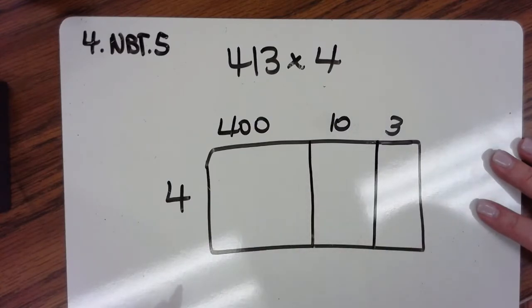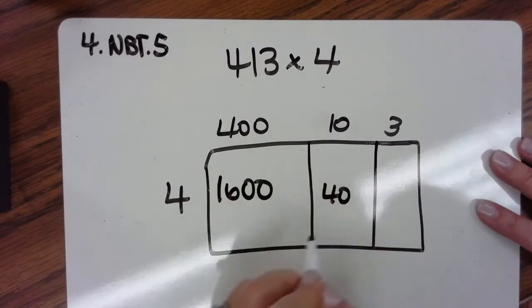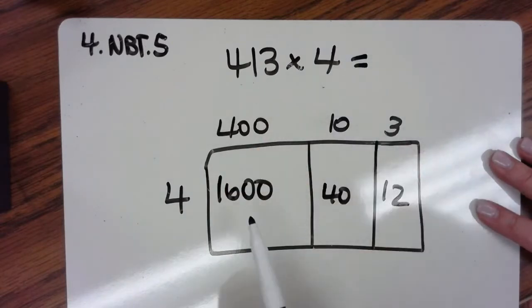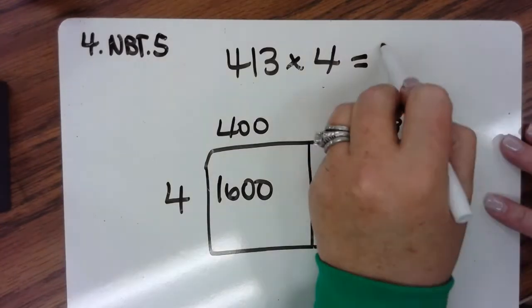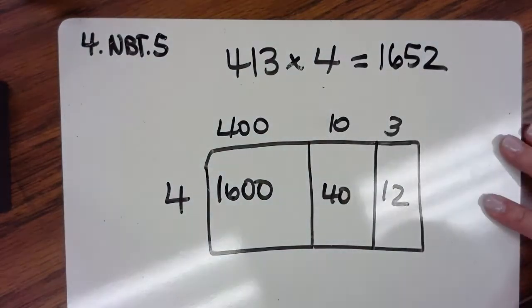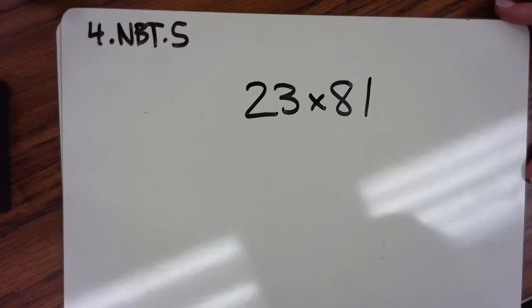And now I'm going to use what I know about area to find the area of each smaller rectangle. Okay? And then now I can put those partial products together to find the final product, which is 1,652.